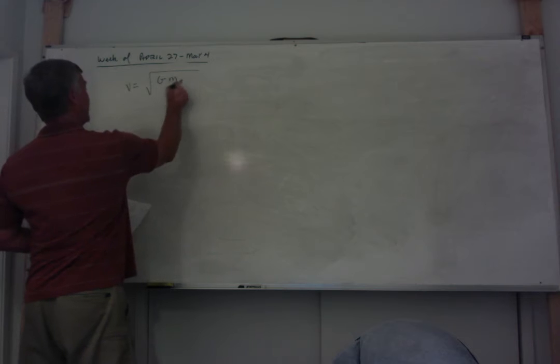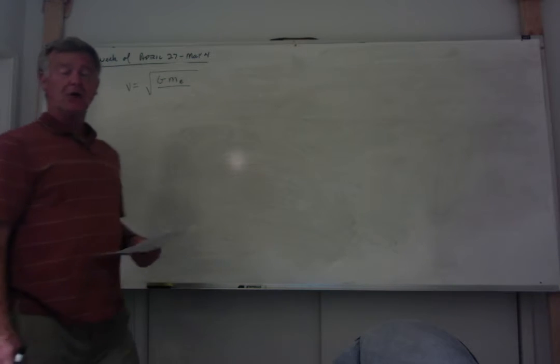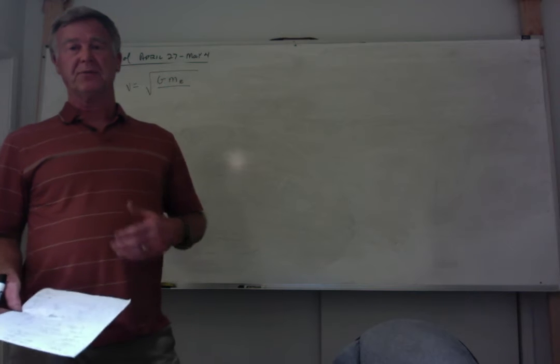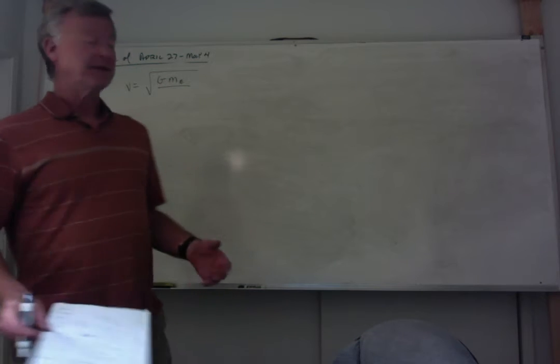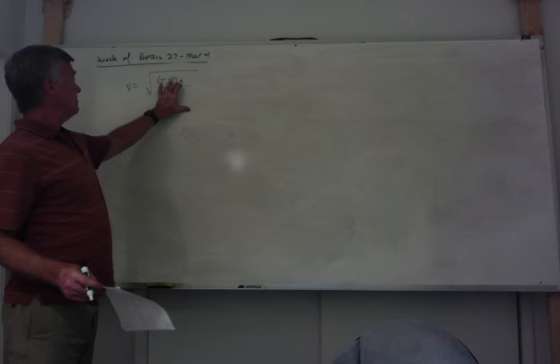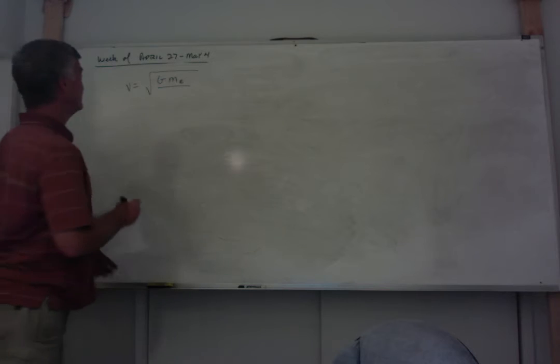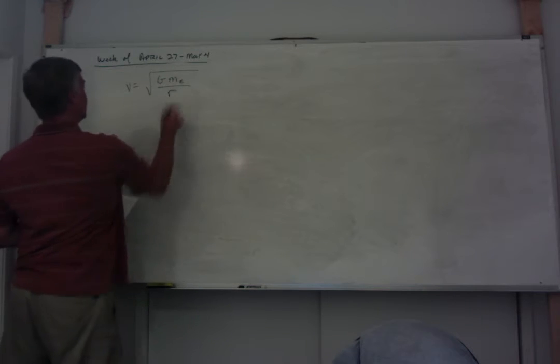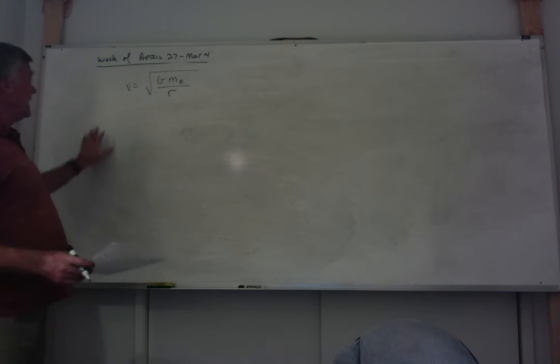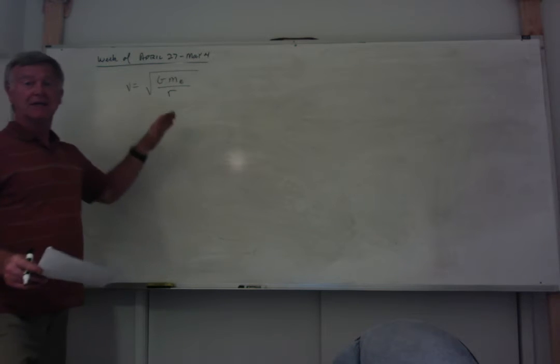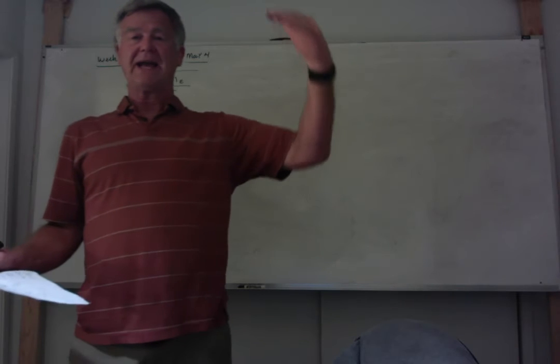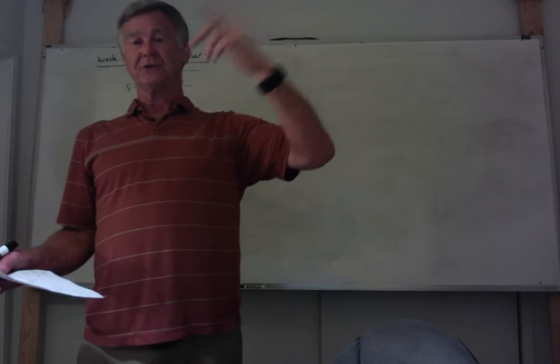But if they ask a question in the homework about putting a satellite in orbit around Jupiter, then this is the mass of Jupiter. So mass here is the mass of whatever's being orbited, divided by r. That's how fast you should have something going at a particular height for it to go into orbit.